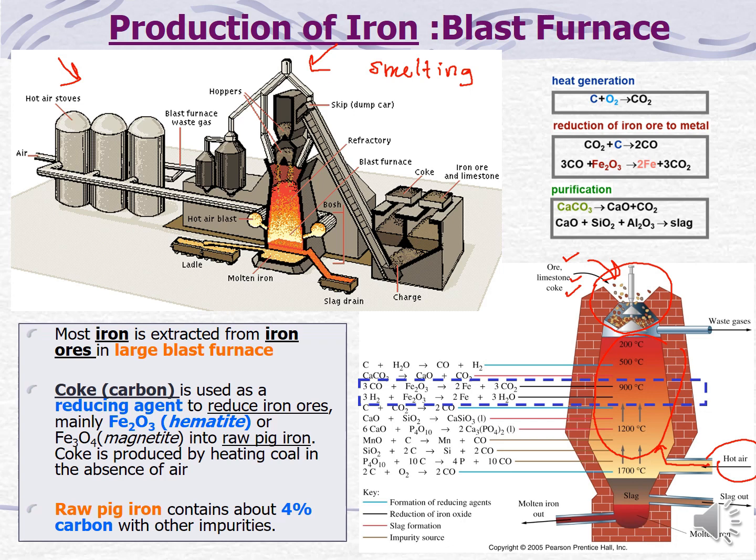Here you can see the reaction of iron reduction. From the process, there are two products: one is slag and the other is molten iron.